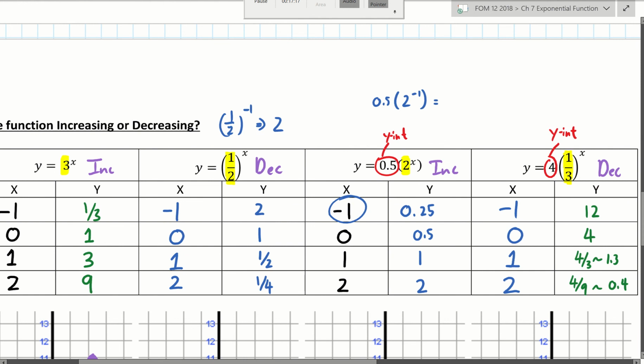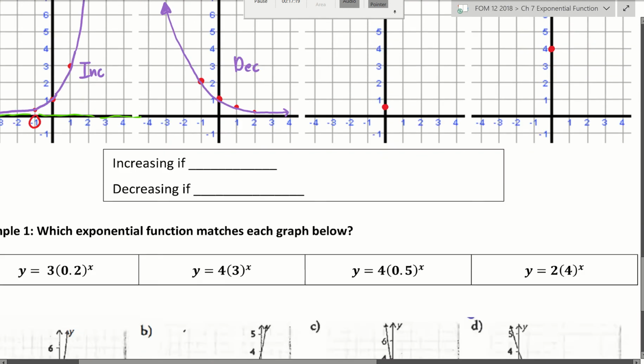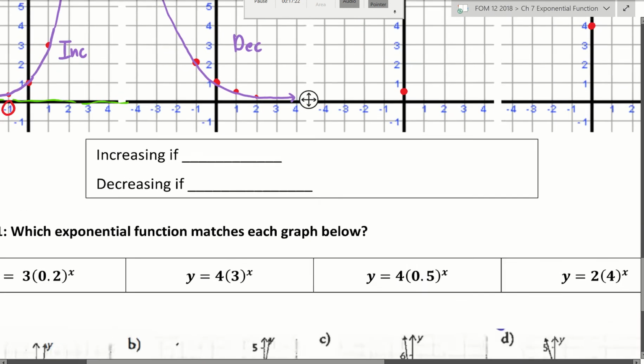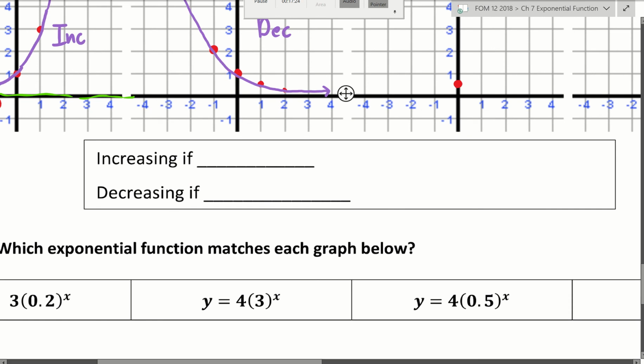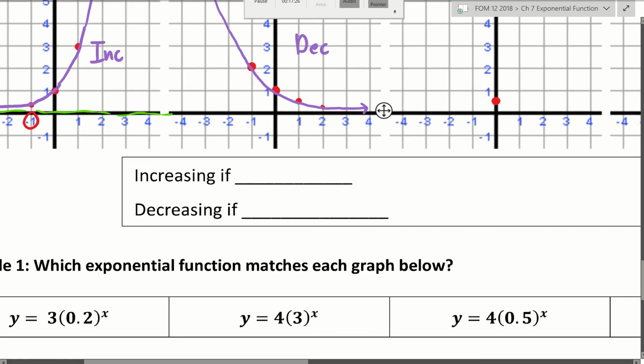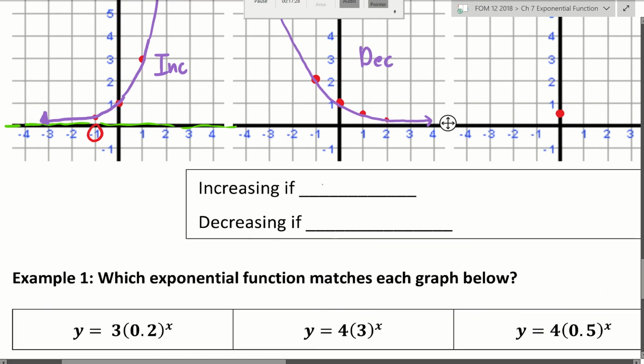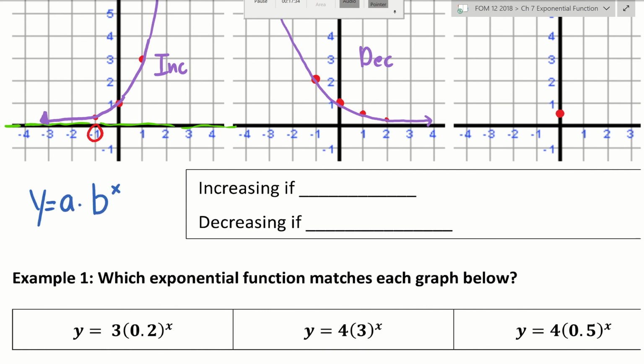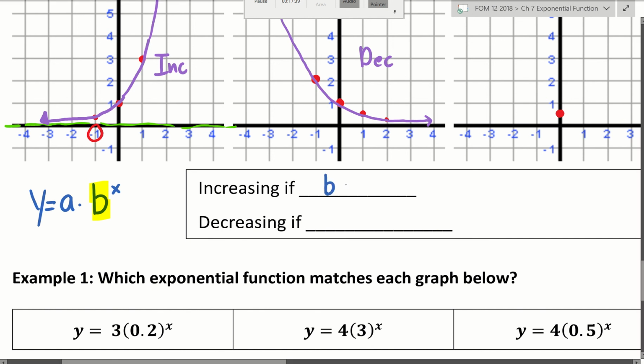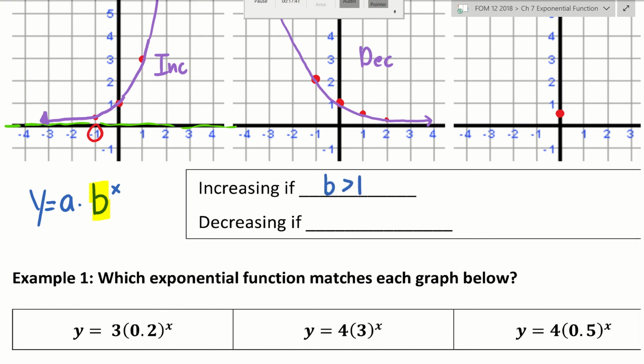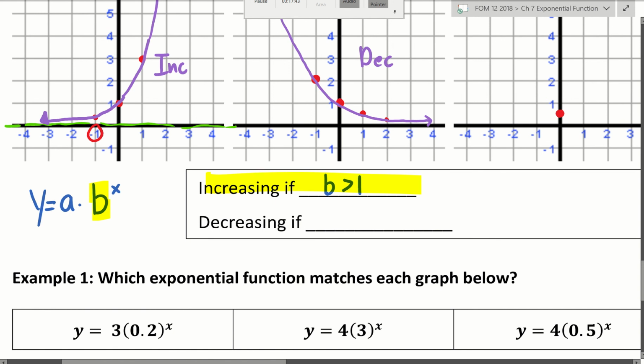Okay, so now let's write it down. We don't even have to draw those two in a graph. The function is increasing if the base, so again, what is the base? You have an exponential function, a times b to the power of x. So b is the base. If the base is bigger than 1, the function is always increasing.